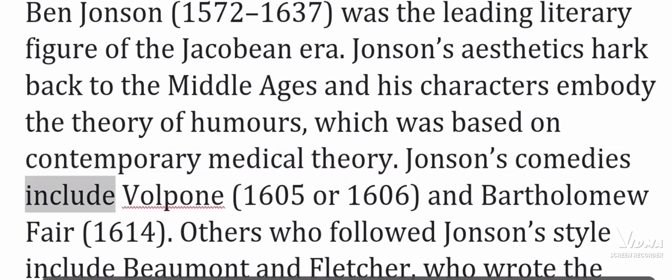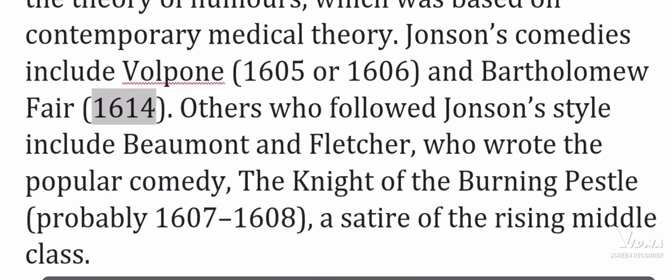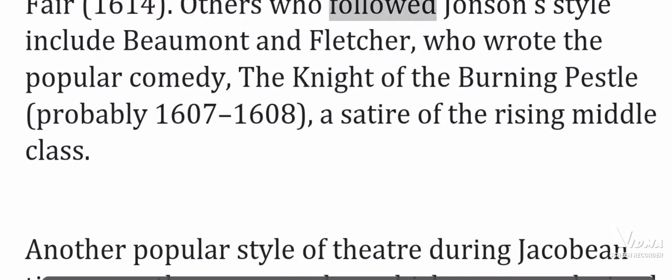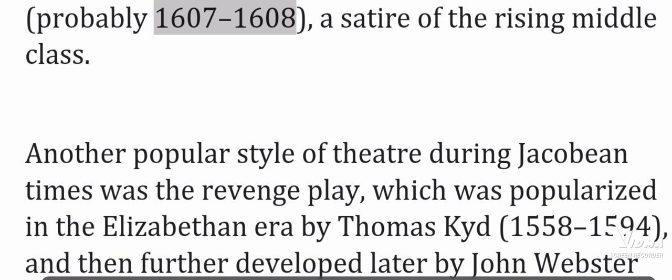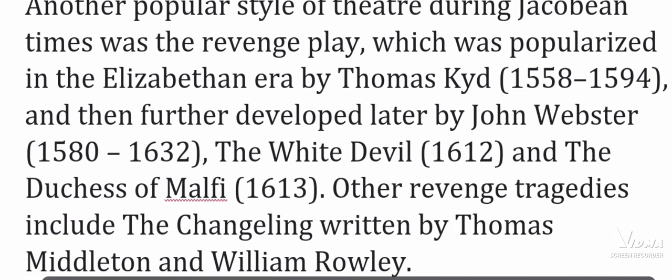Jonson's comedies include Volpone, 1605 or 1606, and Bartholomew Fair, 1614. Others who followed Jonson's style include Beaumont and Fletcher, who wrote the popular comedy, The Knight of the Burning Pestle, probably 1607 to 1608, a satire of the rising middle class.